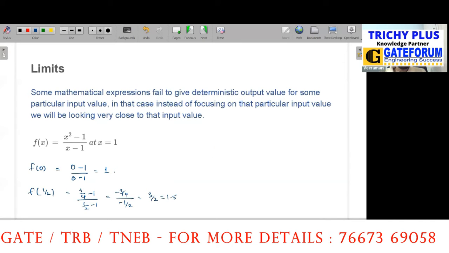Now, what will come when you put x equal to 1? 1 squared minus 1 divided by 1 minus 1, so you'll be getting 0 by 0.